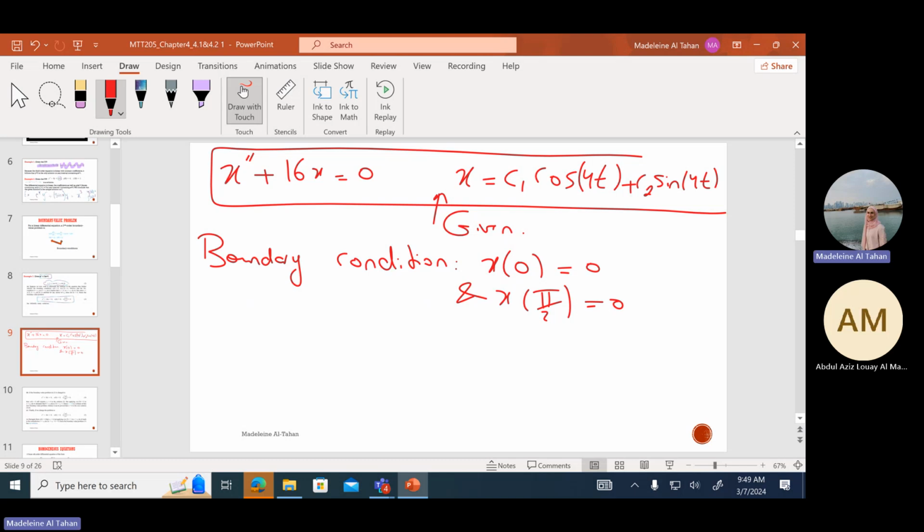As we did in the initial value problem, our aim is to find C1 and C2. We have x(0) equals 0. So instead of t, we will put 0. x should be 0. We will get an equation and then an equation in the other one.